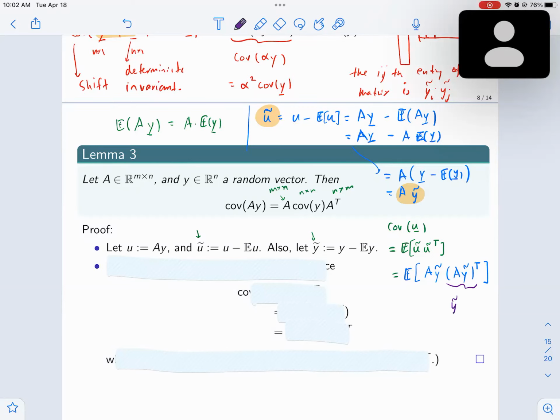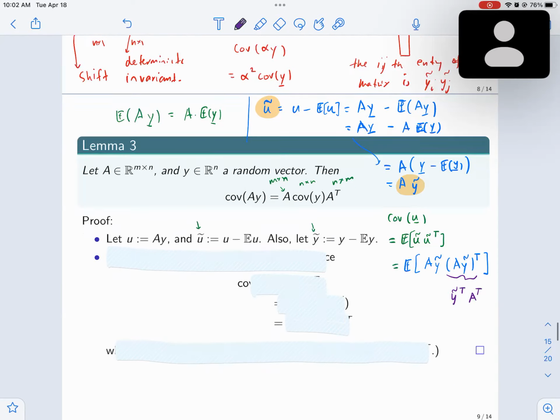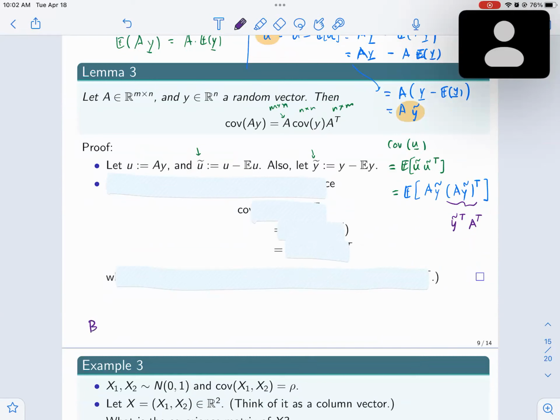So you get y tilde transpose, A transpose. This is using the fact that if I have BC transpose, I get C transpose, B transpose. This is how you distribute the transpose. So I get that. Next step.